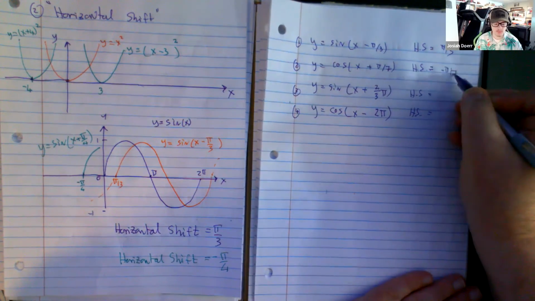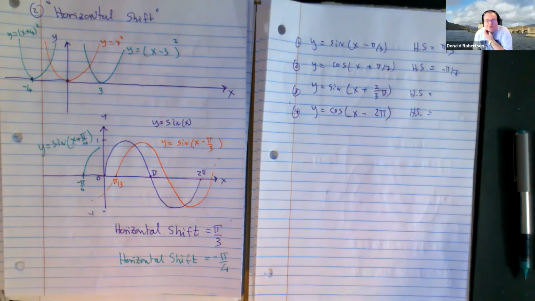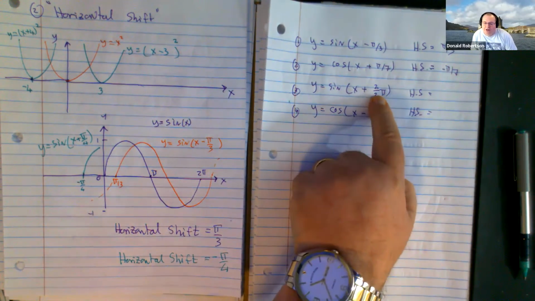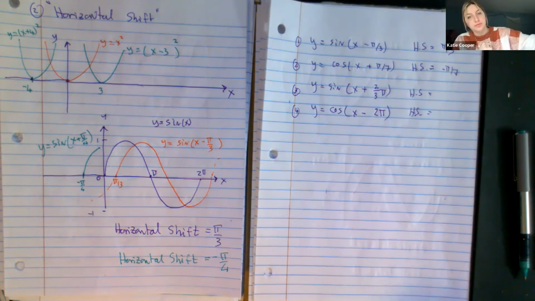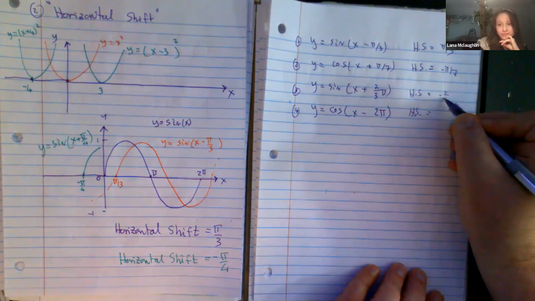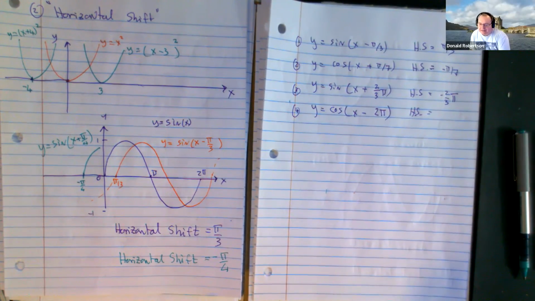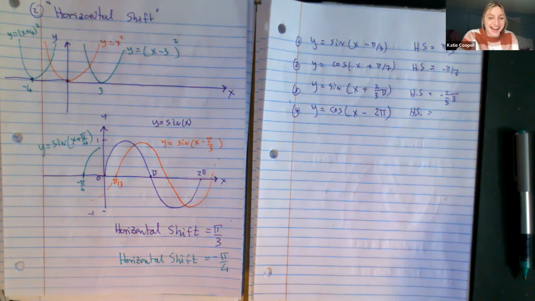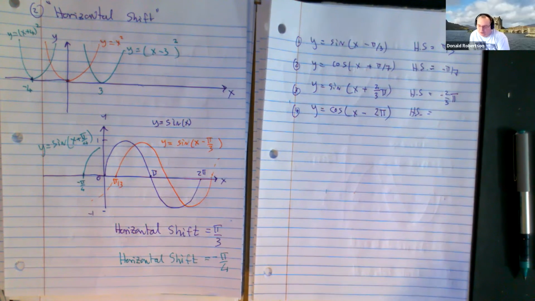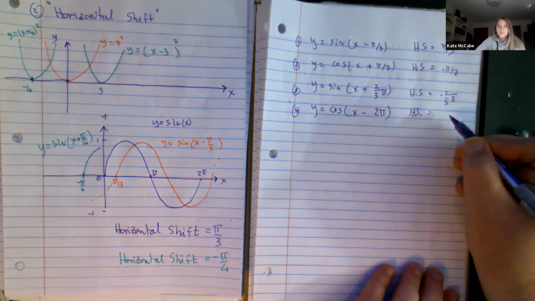Agreed. Positive or negative on the third one now? Positive or negative 2/3? Negative. Whispering it doesn't make it any less wrong. Next one. Positive or negative 2 pi? Positive.